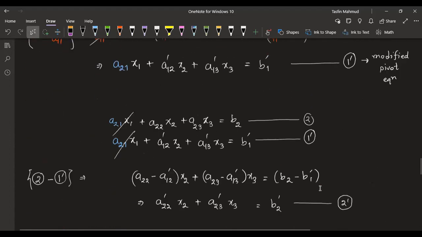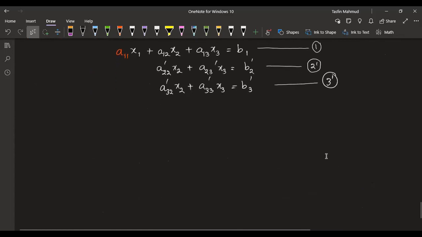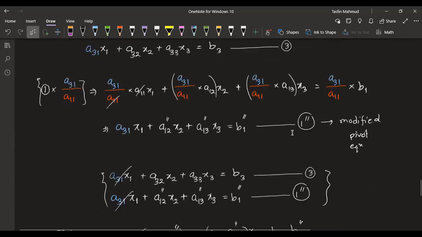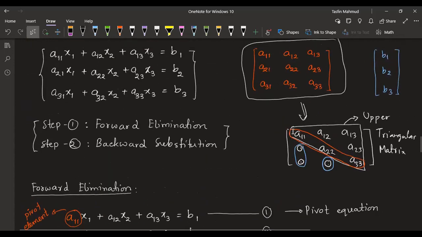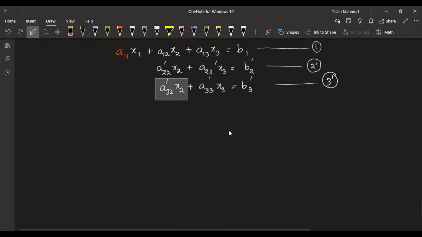So now if I just look at our matrix, we have made this term zero, but we still have to eliminate this term. We have to eliminate one more term, so we are going to eliminate this term as well. So what should we do? Now we will consider this 2' equation as our pivot equation.